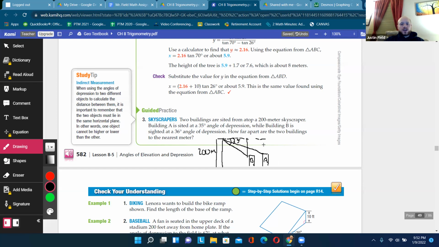Okay, so now we got our triangles and we got our distance. How far apart are the 2 buildings? So what we can do is we can find these sides right here, and then we'll just subtract them. So let me draw up here. Oh, but here, see, here's the tricky thing. So we got the 200.